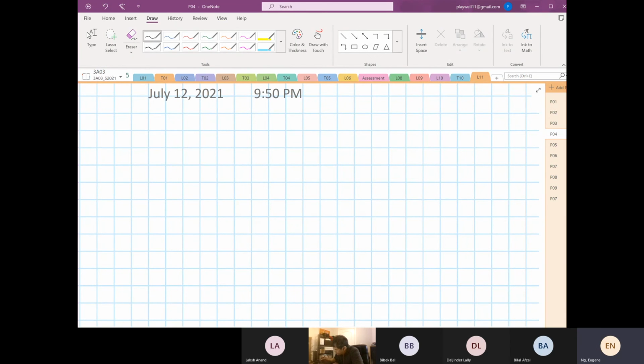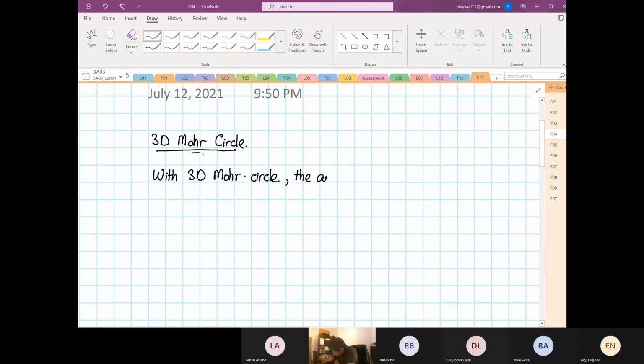With 3D Mohr circle, the analysis is to determine the principal stresses.